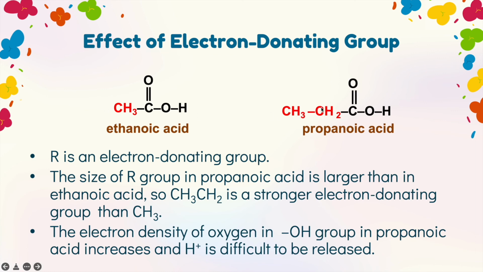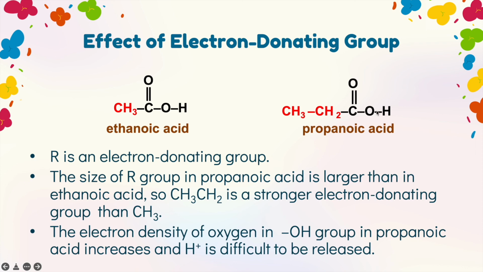When it is bigger, it means CH3CH2 is a stronger electron donating group. The bigger the R can donate more electron, the stronger the electron donating group, which makes the electron density at the OH group higher because it can donate more.